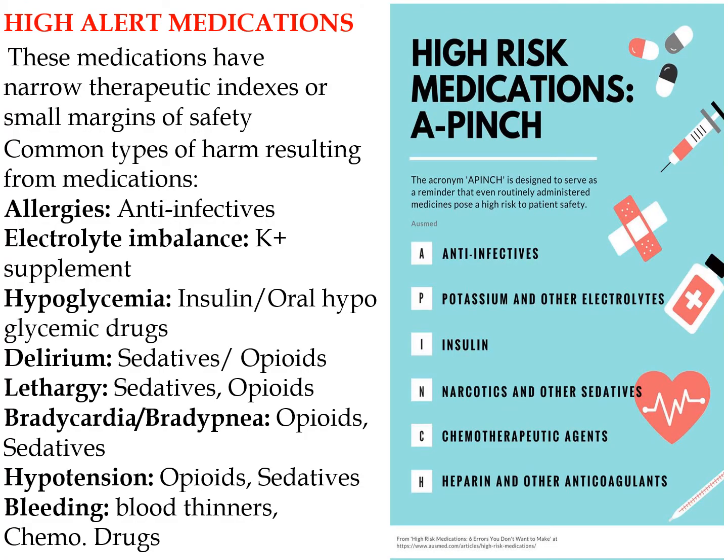Okay, so we've spoken about high alert medications. So these are medications that have a narrow therapeutic index or a low safety margin, right? So what are the common types of harm that a medication can cause? So you could have an allergic reaction, and we've spoken about those commonly with antibiotics.